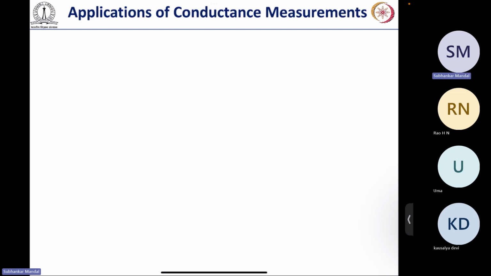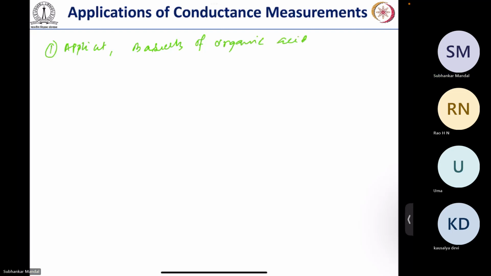The first application we saw is the basicity and acidity measurement of organic acids. The second is the solubility of sparingly soluble salts.